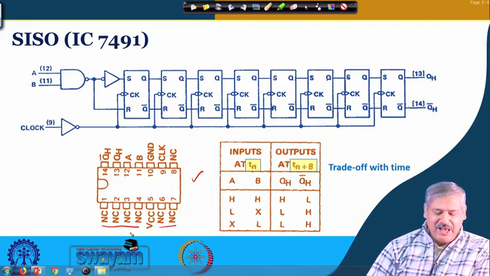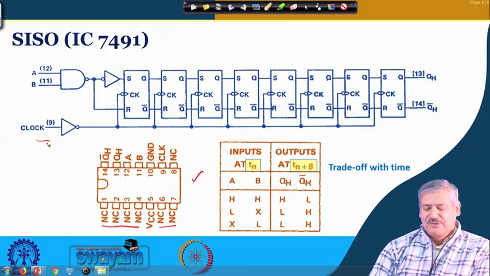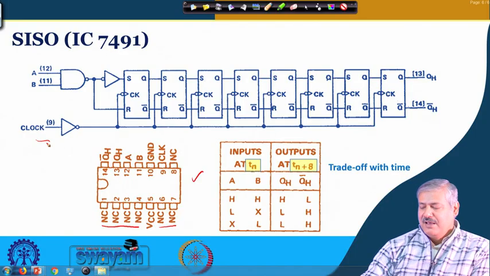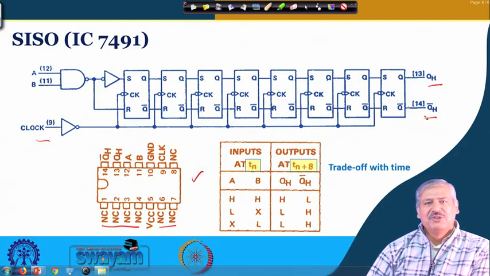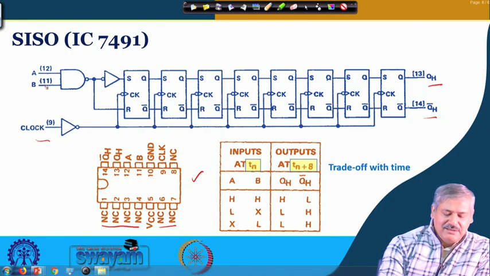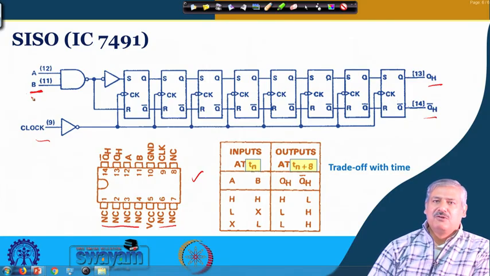Okay. So, you have got a clock input, a common clock which is triggering, and QH and QH bar, because there are pins available. So, you take both the Q and Q bar as the serial out, right. And additionally, you have got A and B, where B you can consider as a control input.